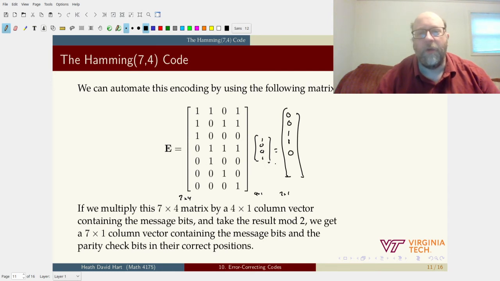We get a 0, and a 0, and a 1. And so we end up getting the same answer we would have otherwise. So this encoding can be automated by a matrix multiplication operation. Okay?